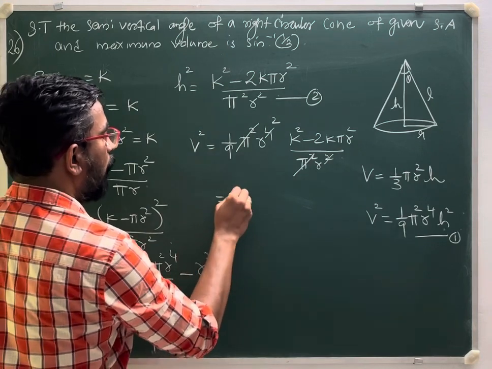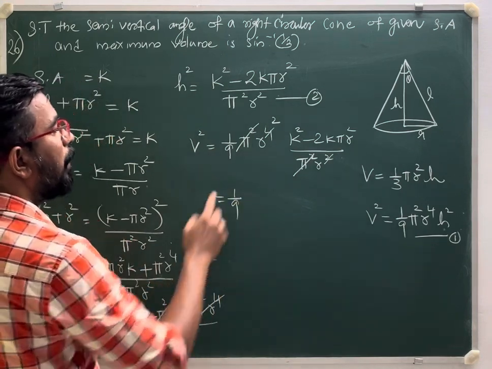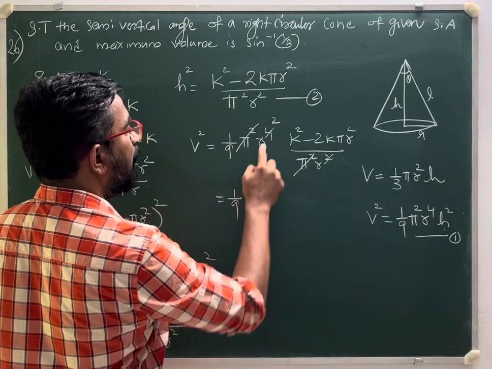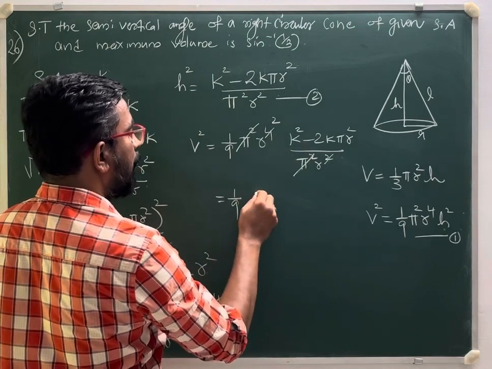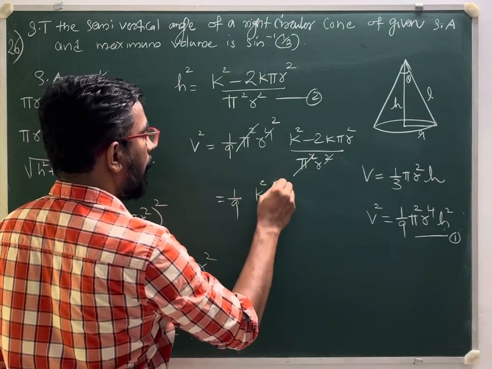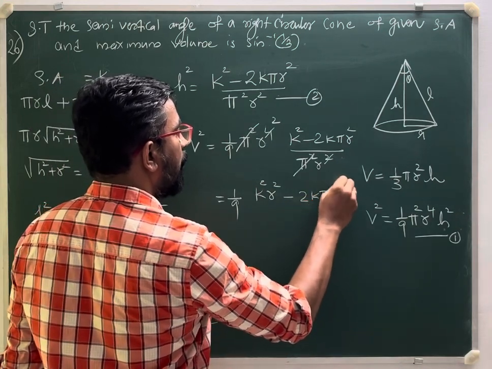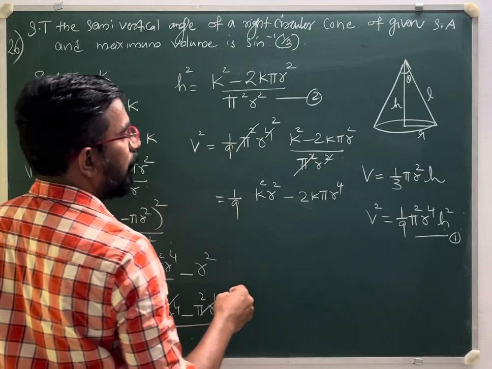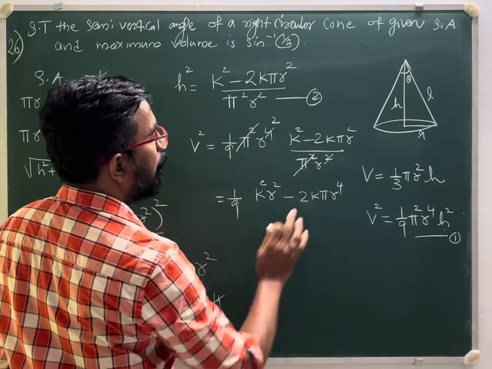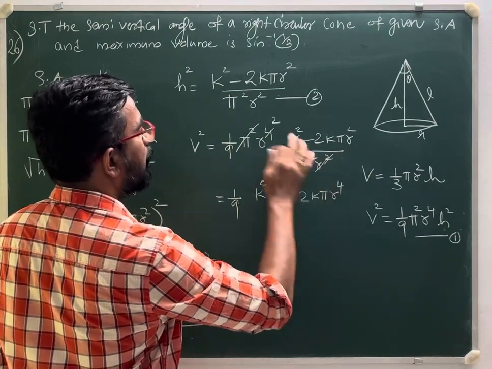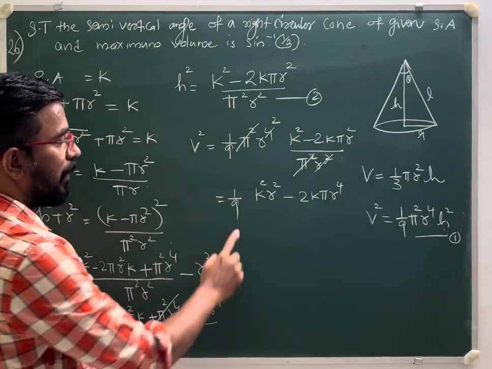So this will become 1 by 9. Let me multiply this inside. When you multiply this r square inside, you will get k square r square minus 2k pi r power 4, right? That's all. This is completely gone. Here r square is gone. So the denominator is nothing other than this 9.